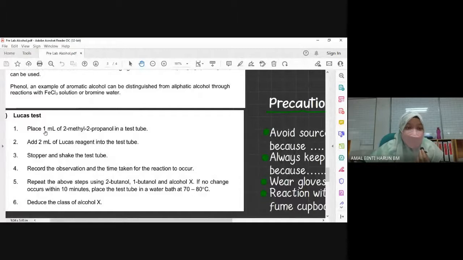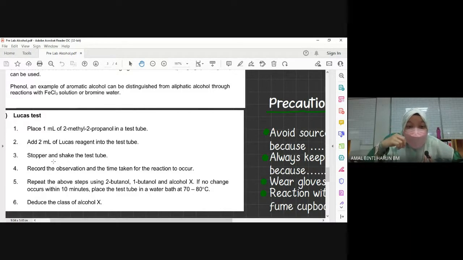Step 1, you need to place. Okay, ni buat jota ataupun draft untuk cara kerja kamu tu, buat elok-elok sikit lah. Step 1, you kena measure alcohol, which is 2 methyl 2 propanol alcohol. Okay, lepas tu letak 2 ml of Lucas reagent and then tutupkan. Dah mix together, tutup and then shake.